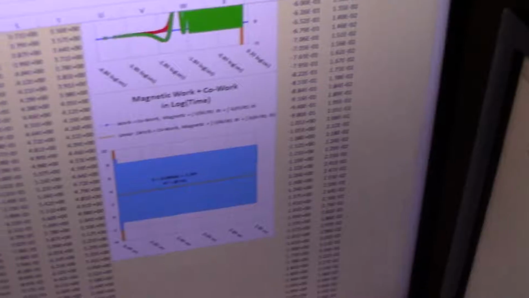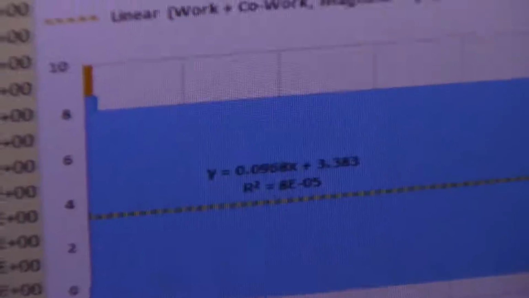I haven't quite figured out why it's appearing, so I have to use this to calibrate it, use the trend line, try to straighten it. I don't think there's much time for that right now.